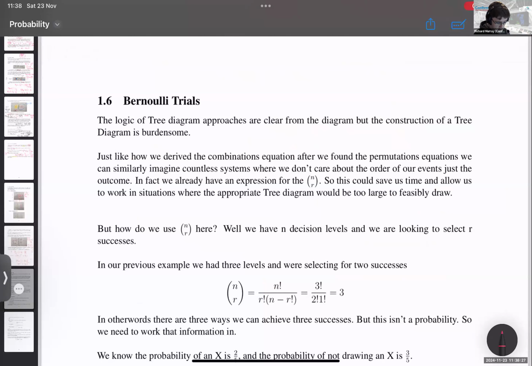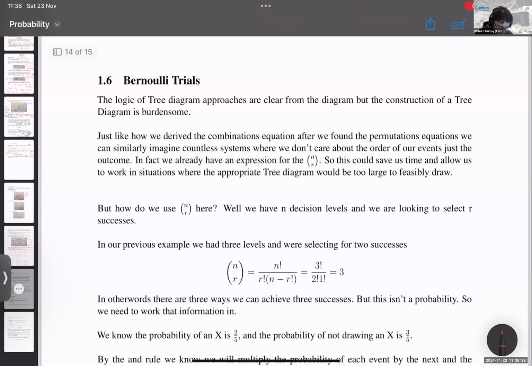So we have seen the pattern there where we are going to have the probability of a win to the power of the number of wins, times the probability of a loss to the power of the number of events minus the number of wins.